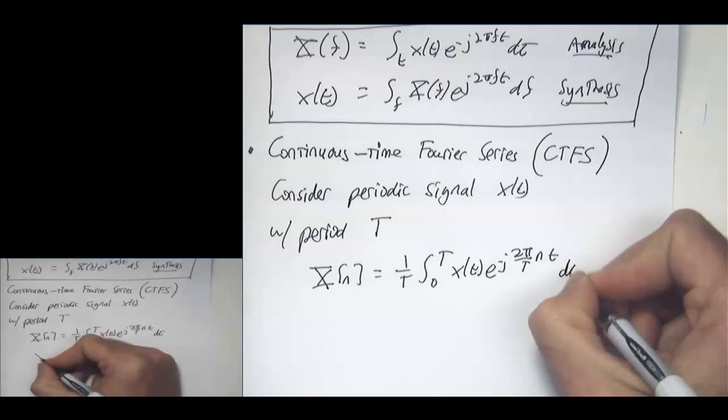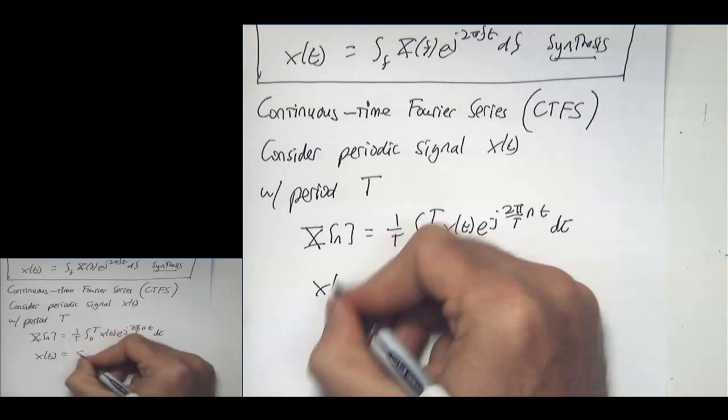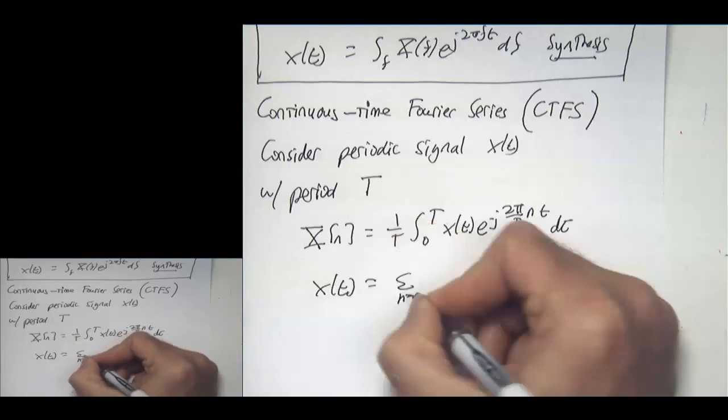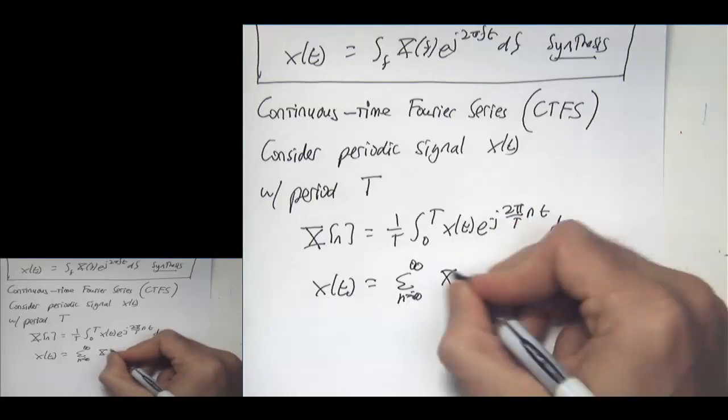And then x of t is an infinite sum of these coefficients here.